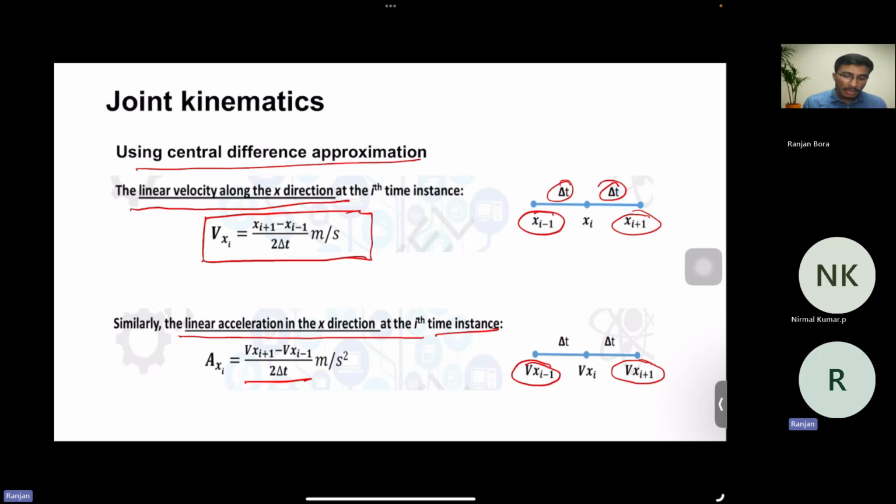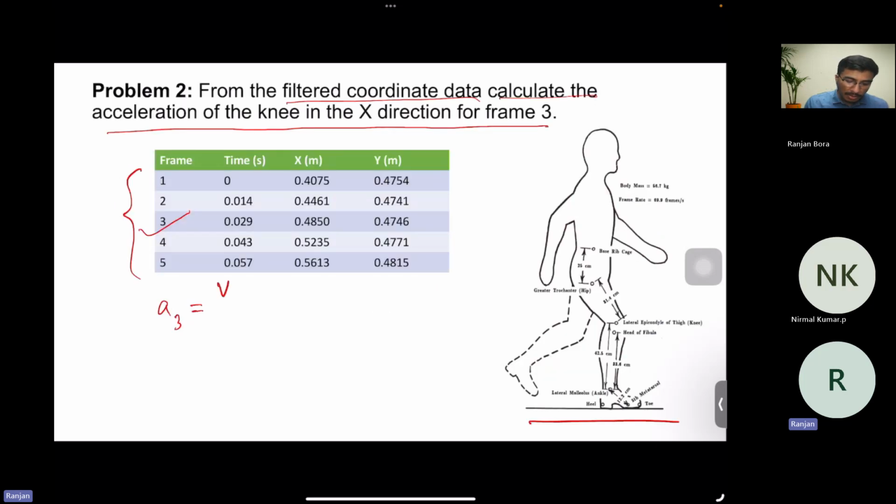So this acceleration will be V of 3 to 4 minus V of 2 to 3, divided by the total time. How much is the total time? It is delta t for 3 to 4 plus delta t for 2 to 3. Now again, we don't know this velocity, so first we need to find the velocity. What is the velocity for 3 to 4?